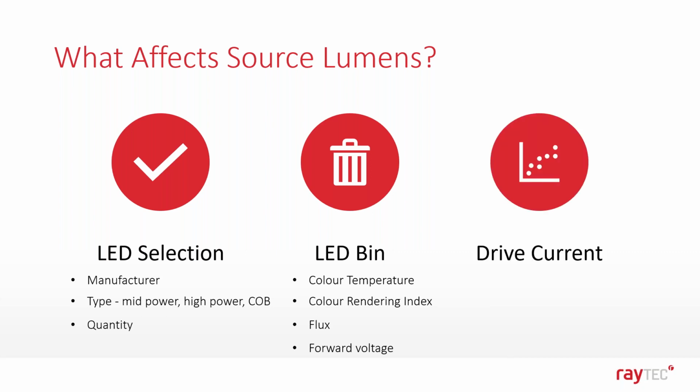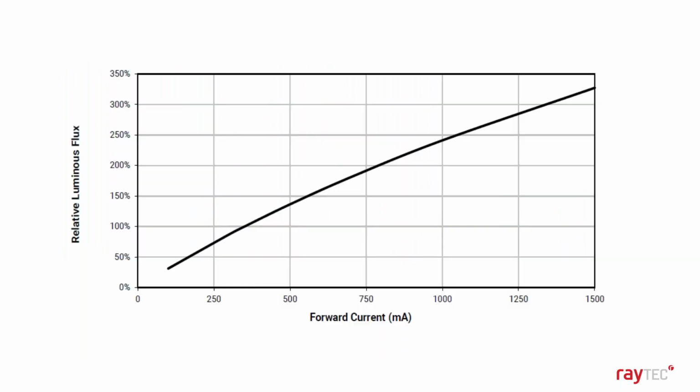Which brings us on to drive current. Generally, the higher the drive current of the LEDs, the more light you get from your light source. However, this is not entirely a linear relationship. Due to internal losses within the LED, you'll see on the sample graph that simply doubling the drive current from 350 milliamps up to 700 milliamps does not quite give you double the luminous flux.